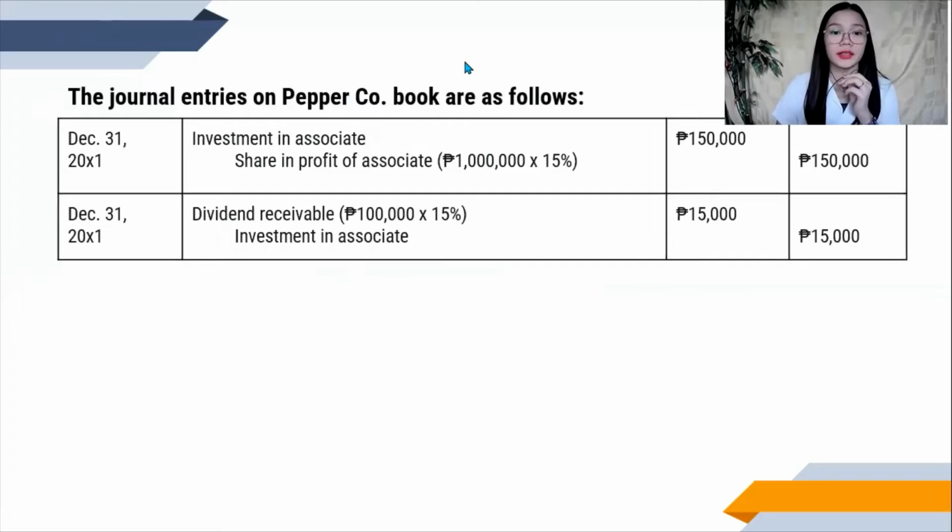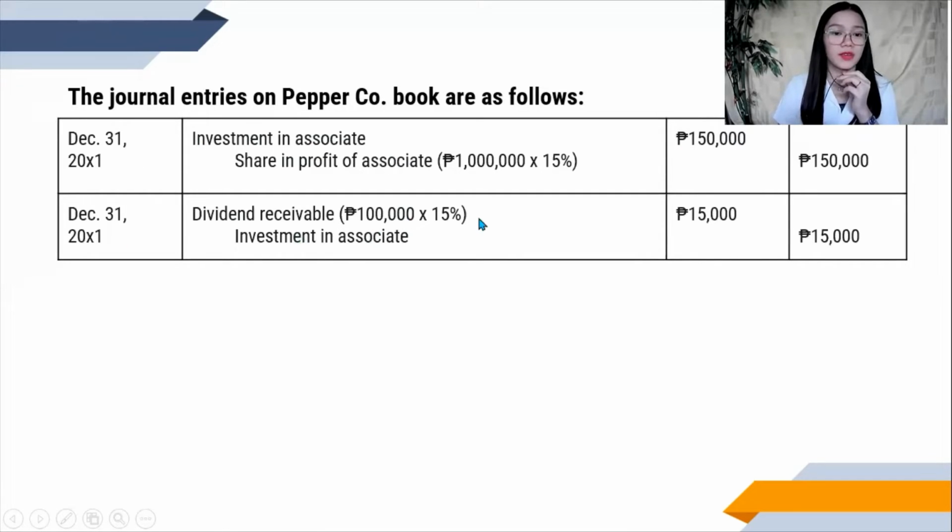So yung journal entry natin sa book ni Pepper Company is as follows. So nung December 31, 20X1, di ba nag-report siya ng profit ng 1 million tapos 15,000 lang talaga yung present ownership interest ni Pepper Company. So 1 million times 15%, we have 150,000 pesos share in profit of associate and we debit investment in associate na 150,000 also.